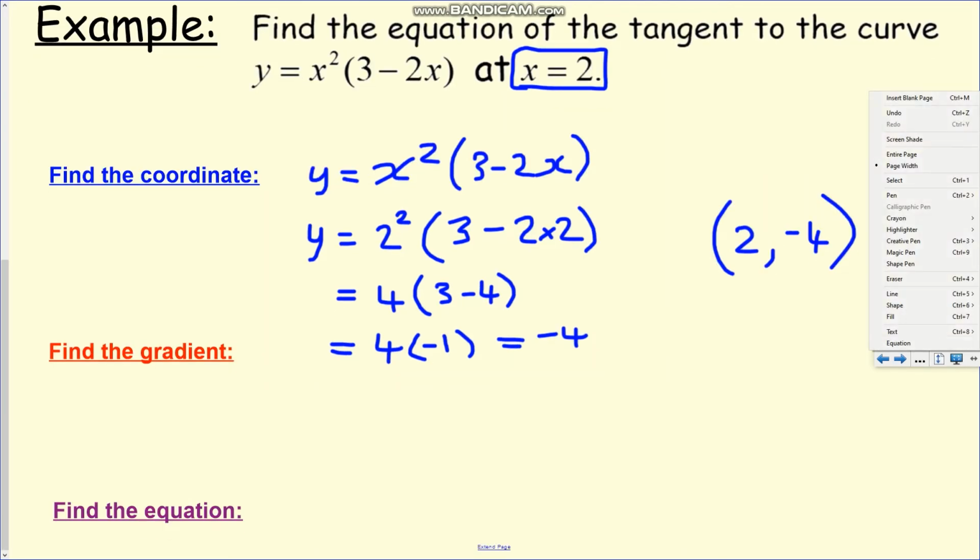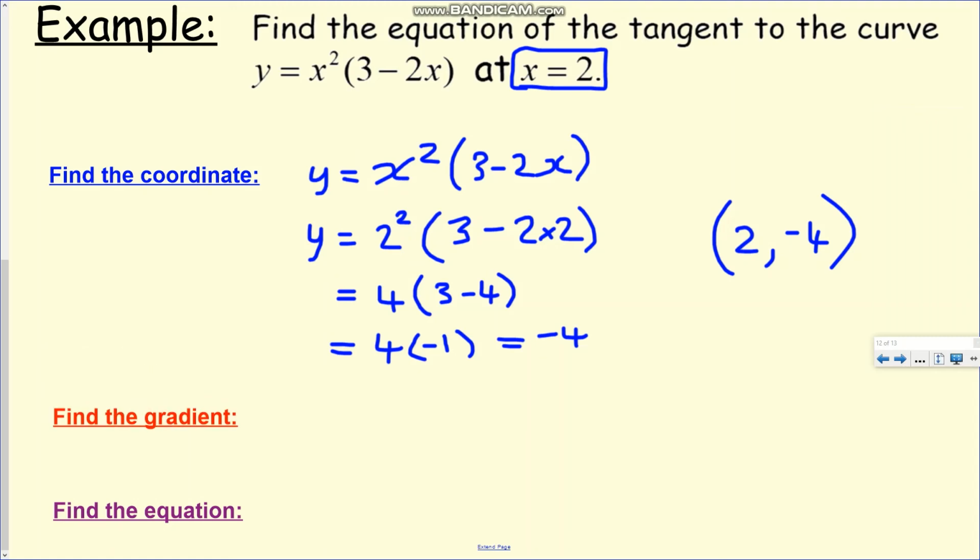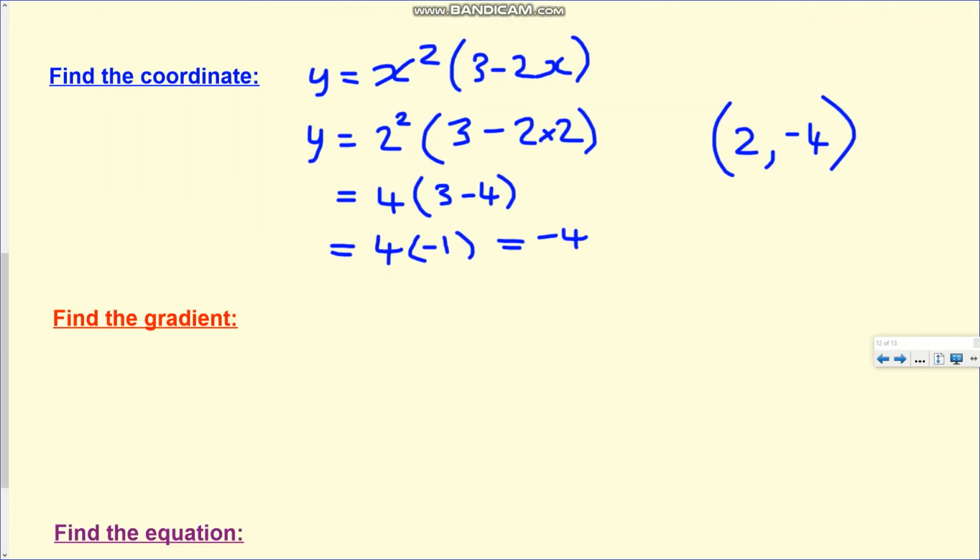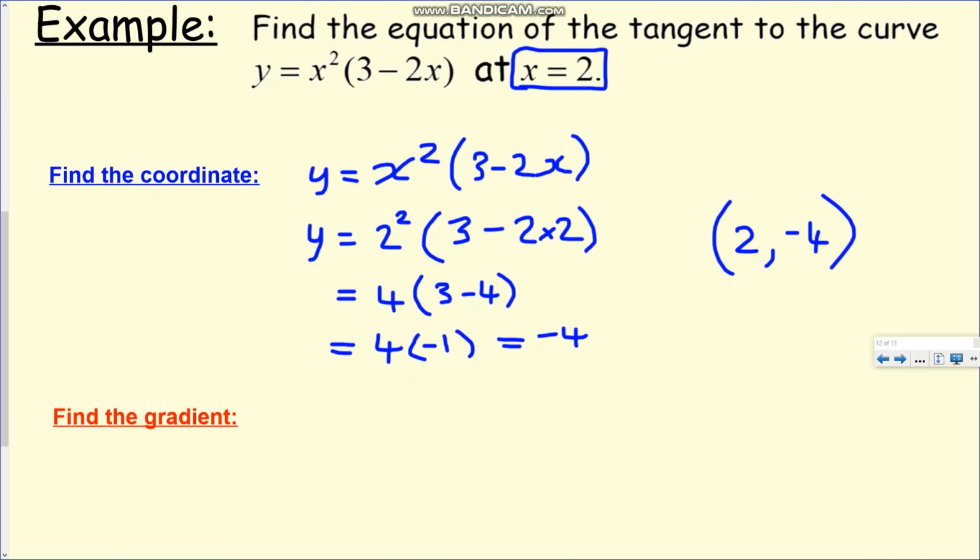Okay, second thing we're going to do is find the gradient of this straight line that we're going to be using. First of all, we're going to put y into a differentiable form. I'm going to expand these brackets just to be able to differentiate.